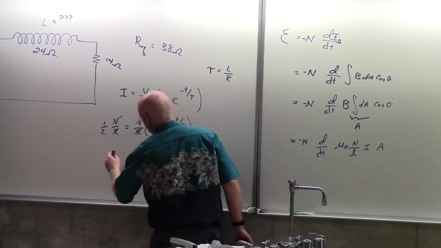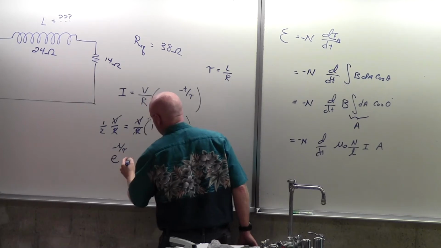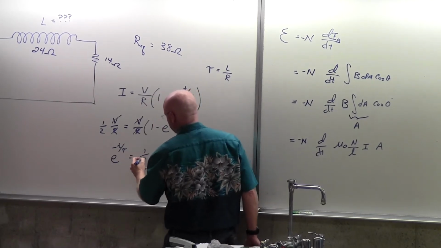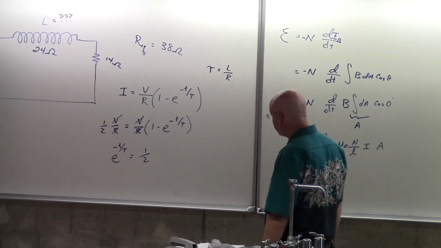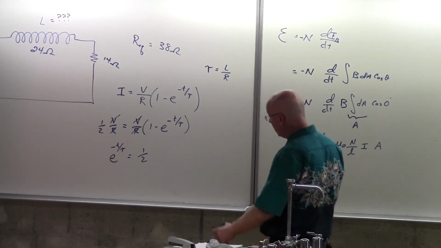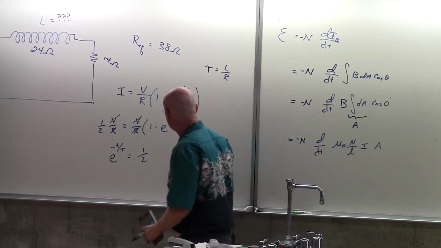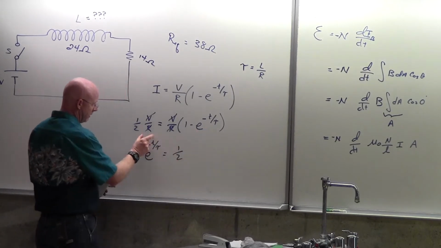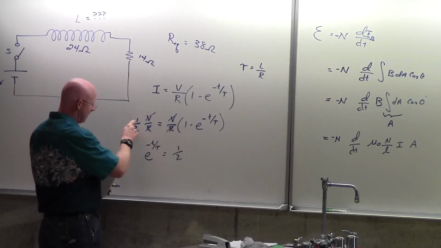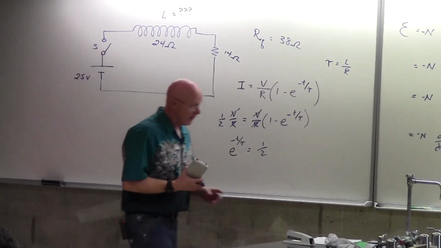And so if I move this over to here, I get e to the minus t over tau equals 1/2. No, let's see. If I move this over to here, then I've got 1 minus a half. Yeah, it's 1/2.